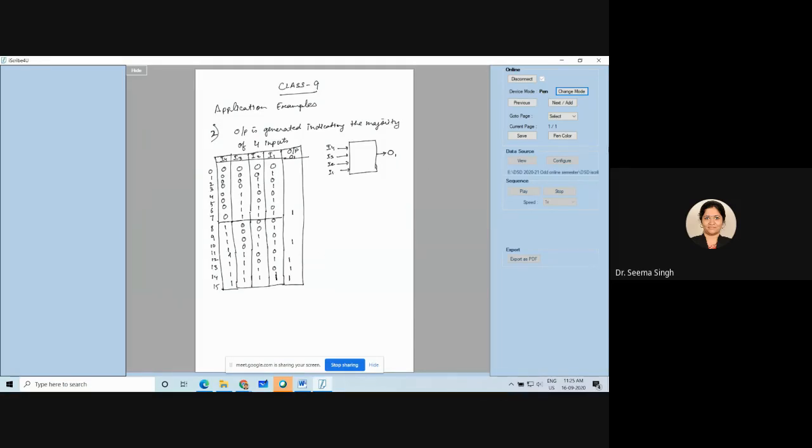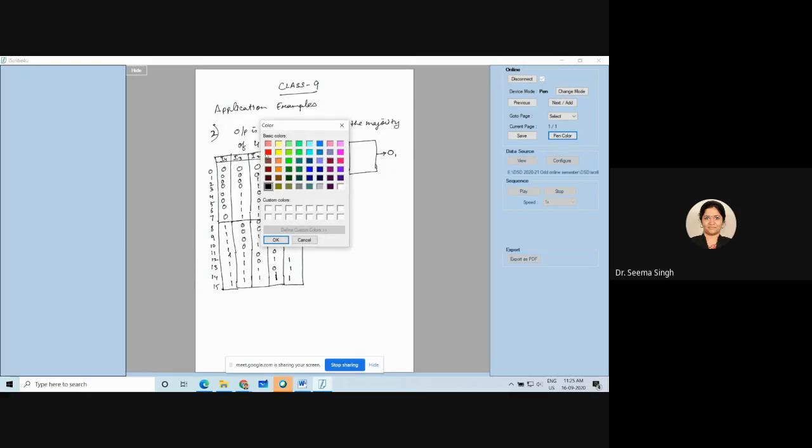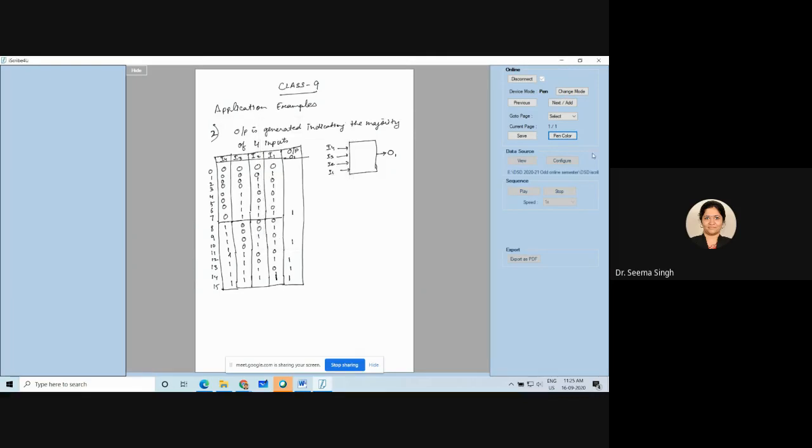So let me mark with a different pen color. Majority is shown for 7, right? Then majority is shown for 11, then for 13, 14 and 15.